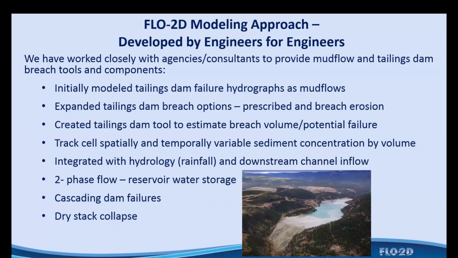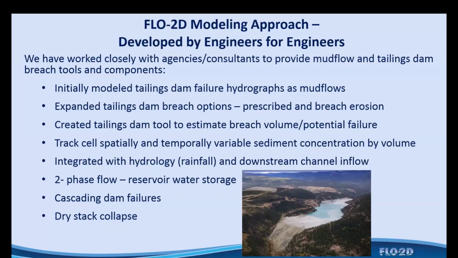And then we've gone as far as being able to add hydrology, that is inflow maybe to a mudflow as it's moving downstream, or rainfall on the tailings dam itself and downstream channel inflow. Now we're allowing you to use a two-phase flow, so you can have water storage.